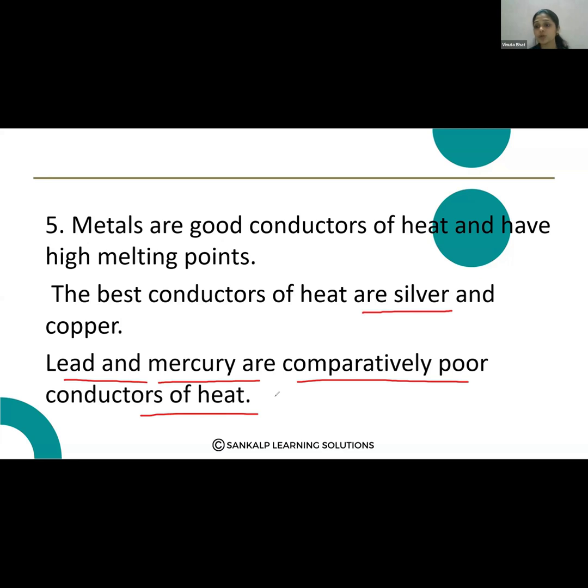So in metals also we can see good conductors of heat and poor conductors of heat. Good conductors are silver and copper, and lead and mercury are comparatively poor conductors of heat. Okay, so these two points we can observe here.